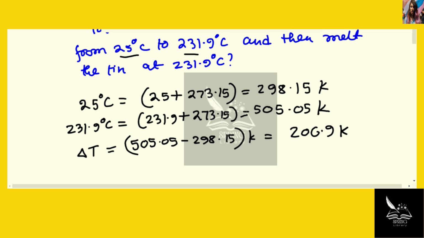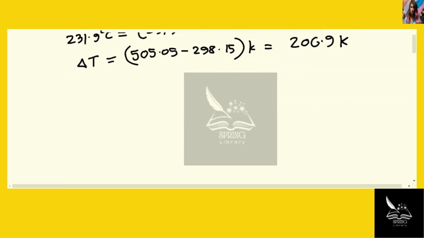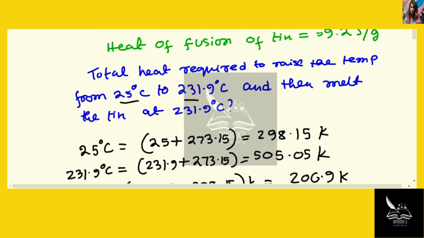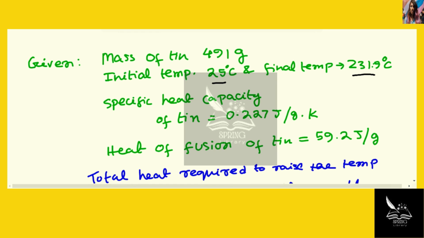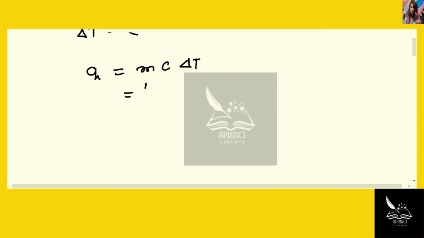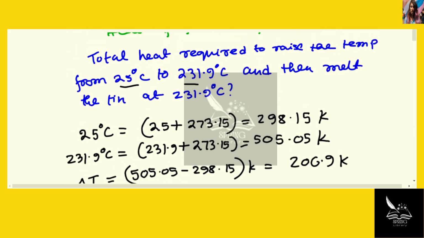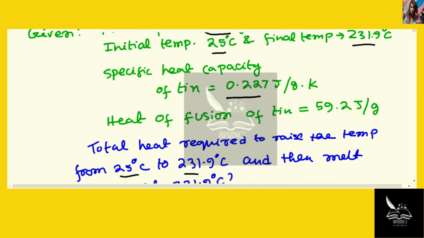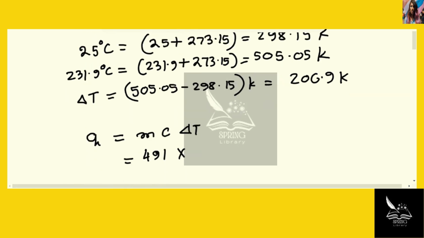Now, let's write the formula for the heat required to raise the temperature from 25 to 231.9 degrees centigrade. That is Q equals m c delta T. m is the mass, which is given here, 491 grams. So let's write the mass, 491 gram. See the specific heat capacity of tin, 0.227.